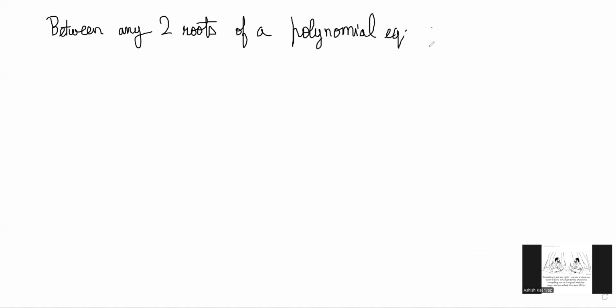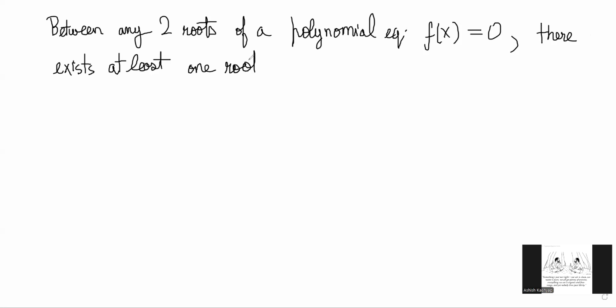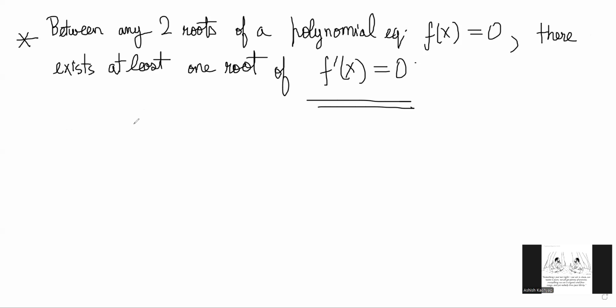We will say between any two roots of a polynomial equation f of x equals 0, there exists at least one root of f dash x equals 0. So think about it. This is a very important corollary and many times it is used in problems.